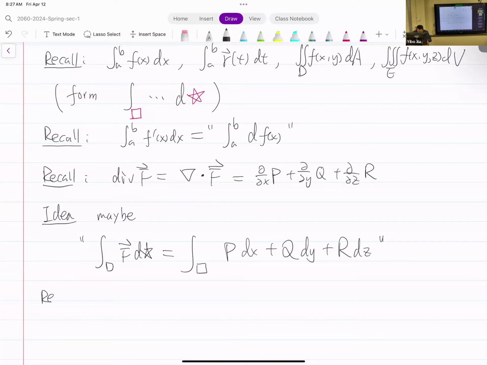And also recall, we have seen dx, dy, dz before.